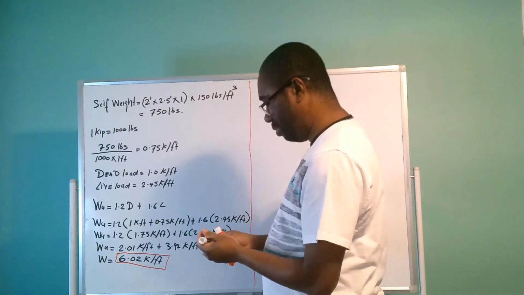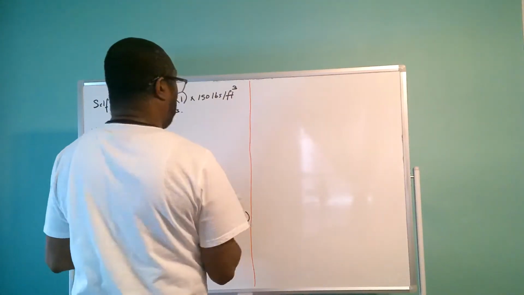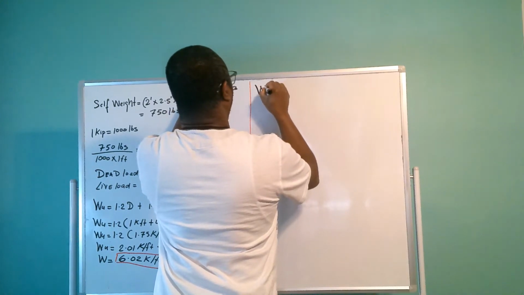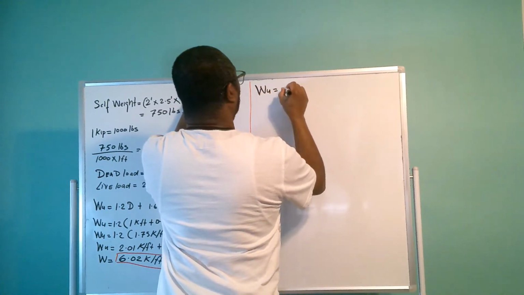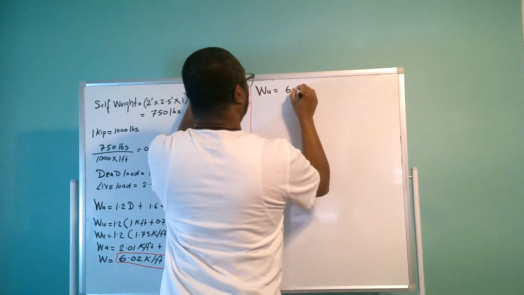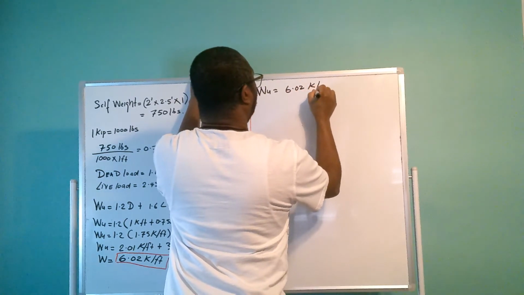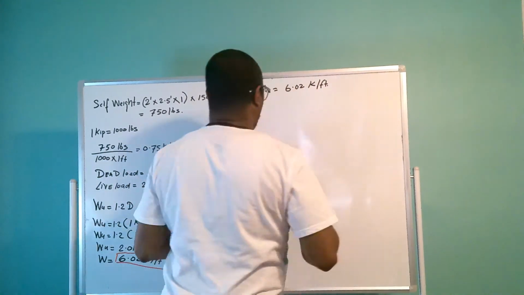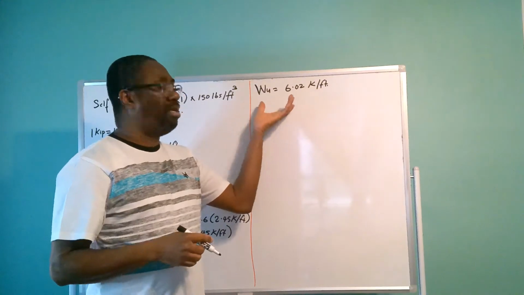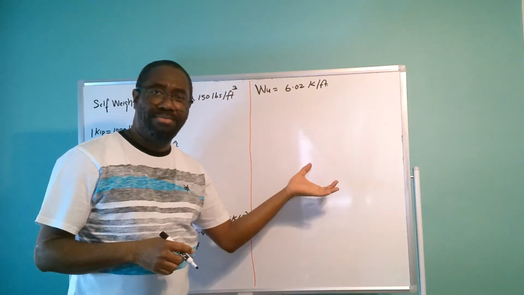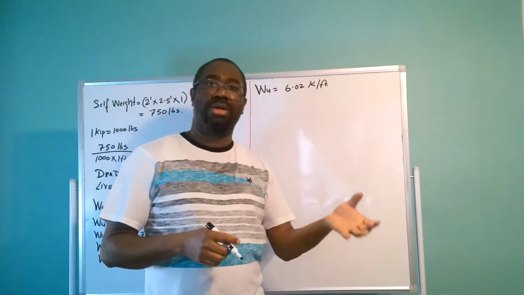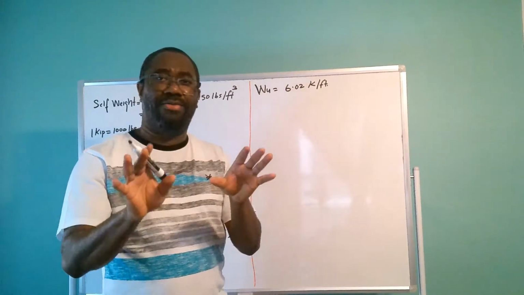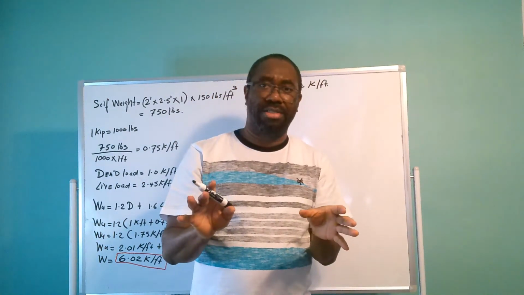So our ultimate weight on the beam is going to equal 6.02 kips per foot. Now that we have calculated the total weight of the beam, the dead load plus our live load, we can now calculate the bending moments.